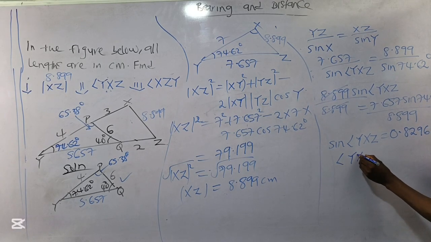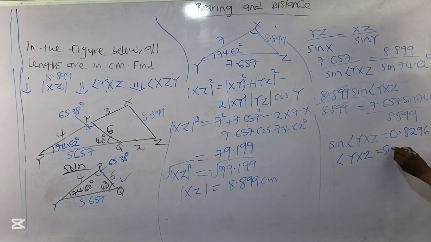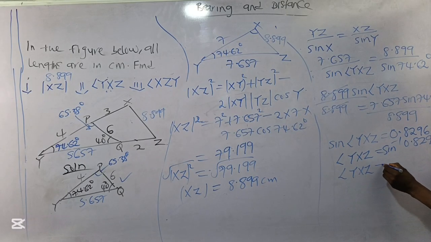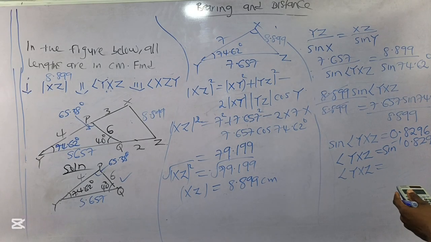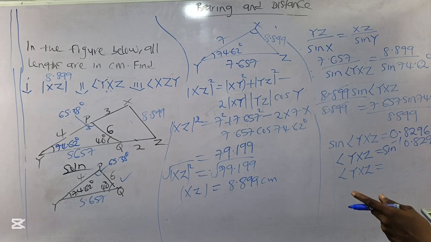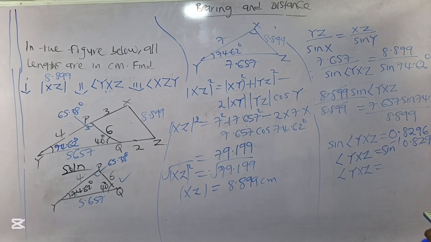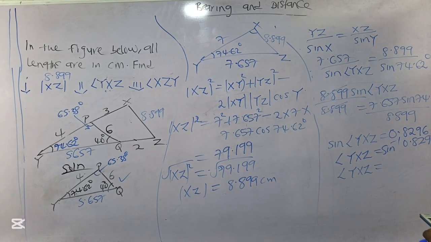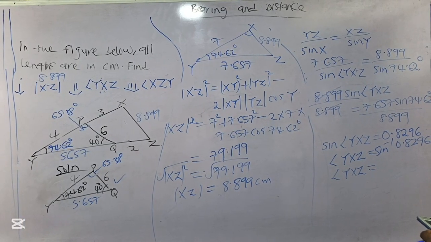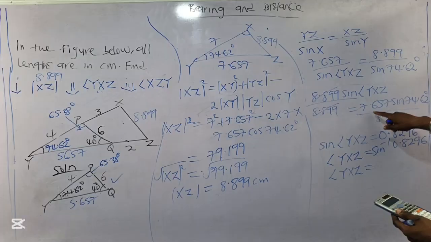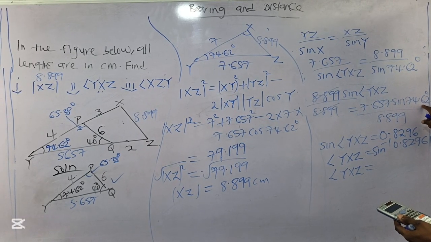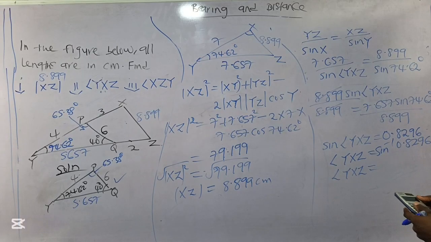So my angle YSZ will be equal to sine inverse of 0.8296, shift sine of my answer, giving me, let's verify, YSZ. 8.899 sine YSZ equals 7.657 sine 48 all over 8.899.